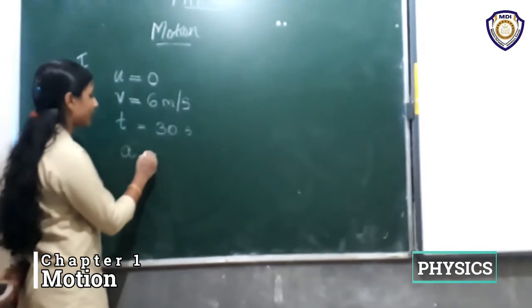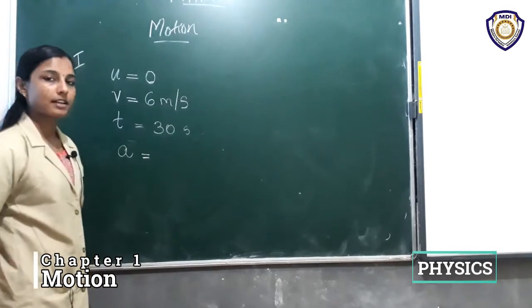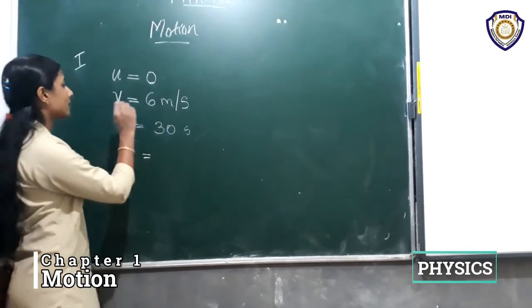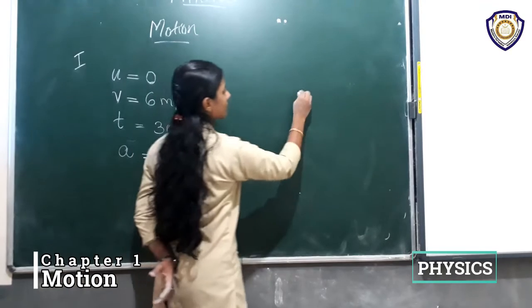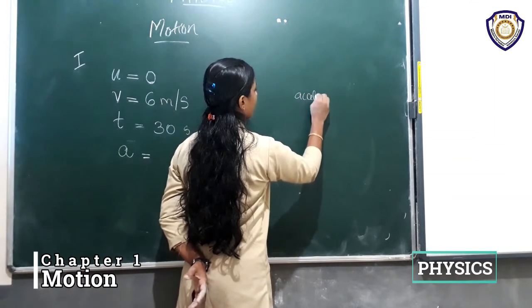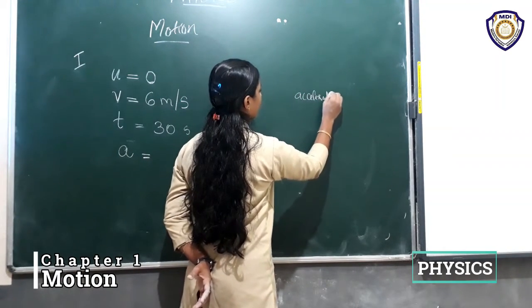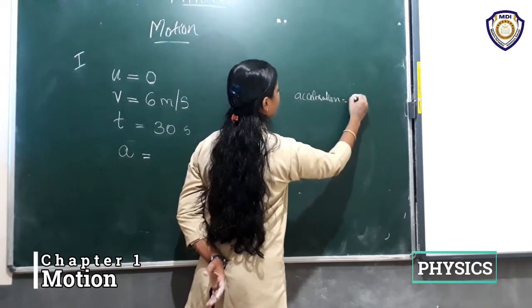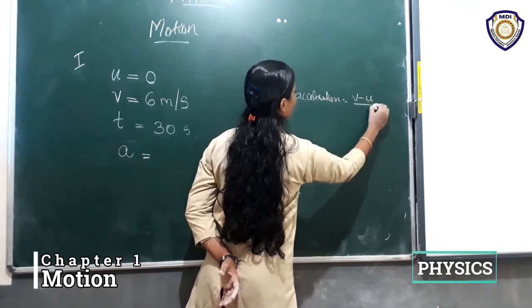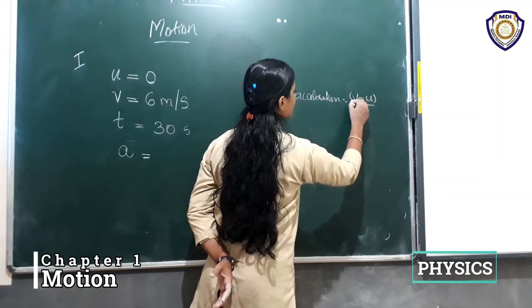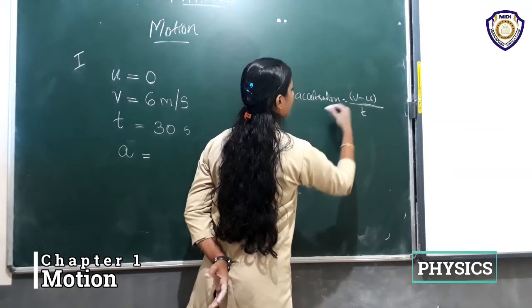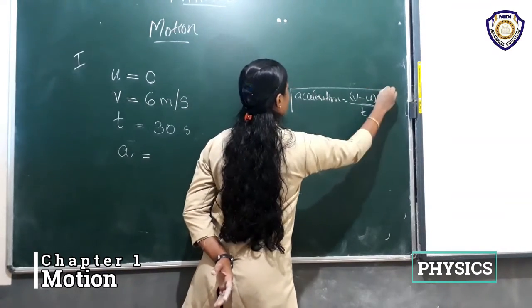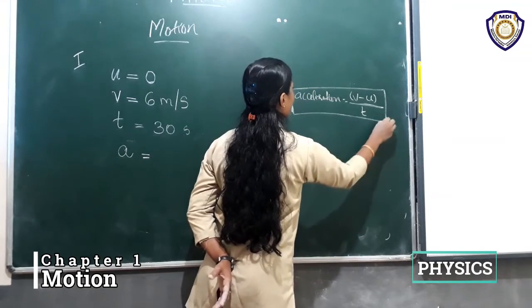So what will be the acceleration? Acceleration A is equal to v minus u by t, change in velocity by time. This you should keep in mind.